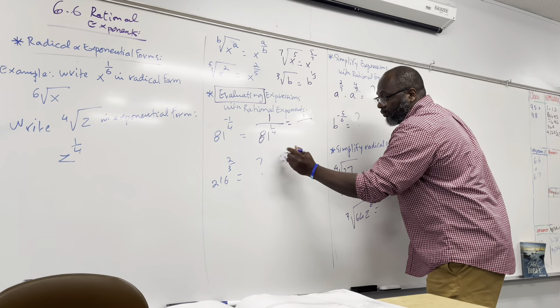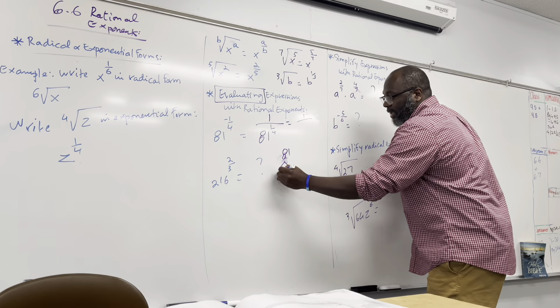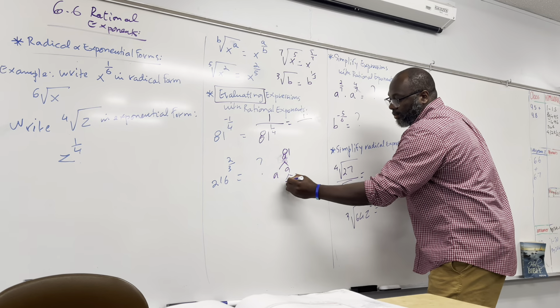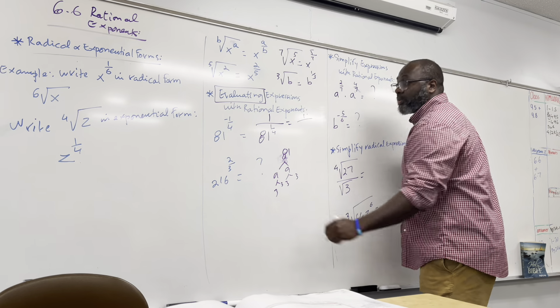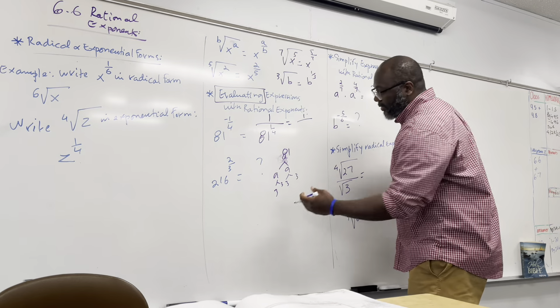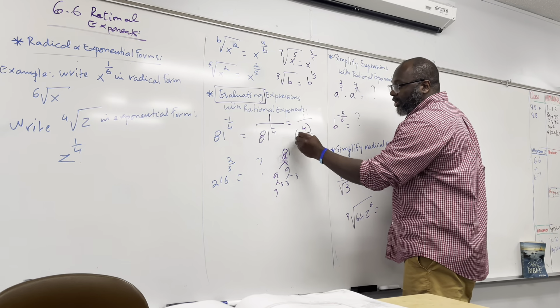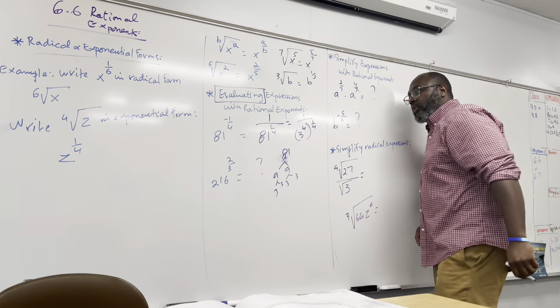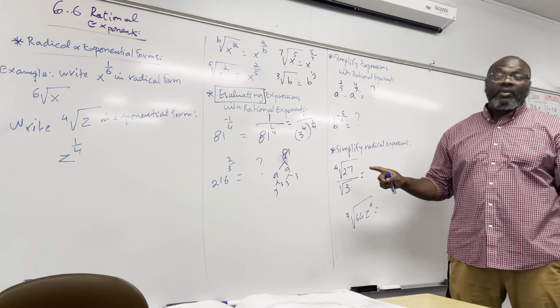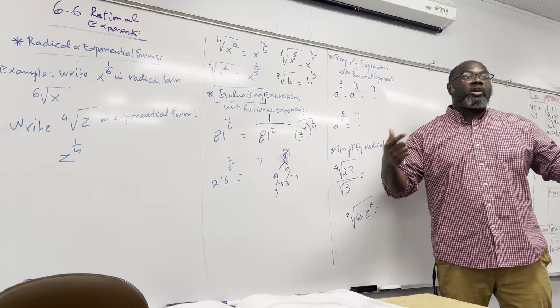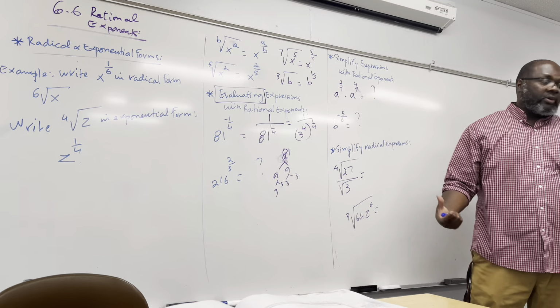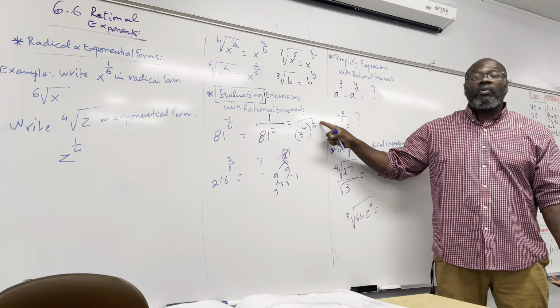So 81 is 9 times 9, and this is 3, 3, 3, and 3, so it's 3 to the 4th. So that means I can replace this by 3 to the 4th, the whole thing to the power of 1/4. So you see what's happening here, right? Now, do you remember we talked about the power of a power, right? So what do you do with the 4 and 1/4?